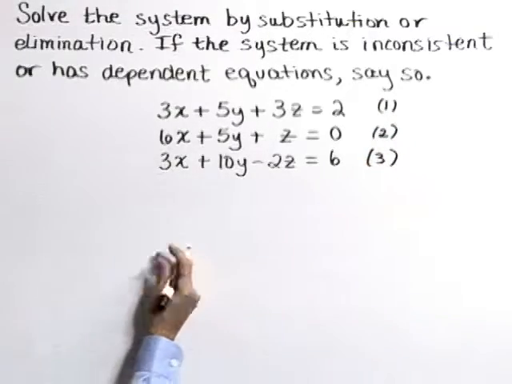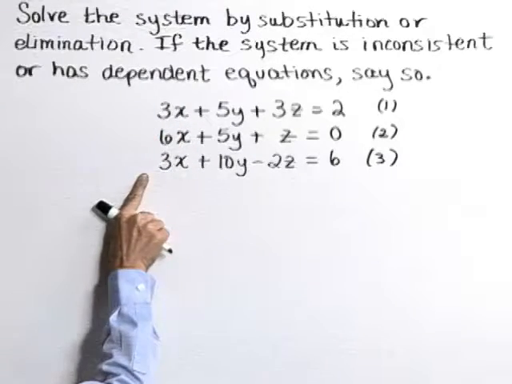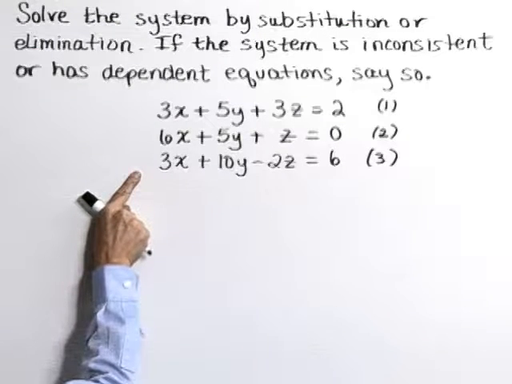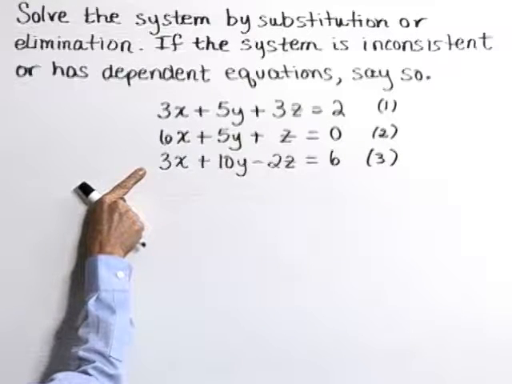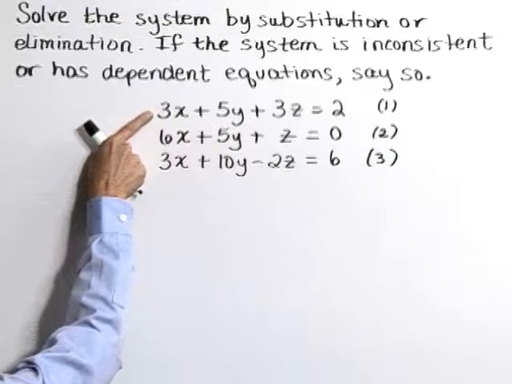Now, we're going to choose to eliminate a variable, and I'm going to pick this variable x because our coefficients are going to be pretty easy to work with. Let's choose equations 1 and 3, and eliminate the variable x. To do that, we need to fix one of these equations.